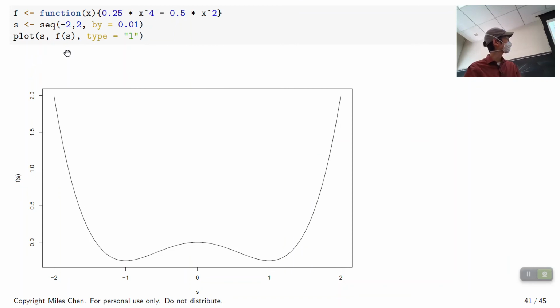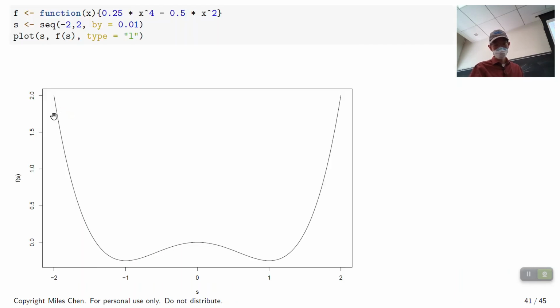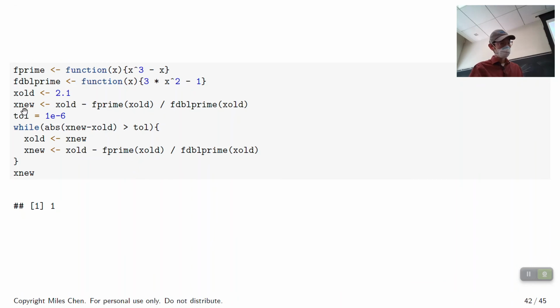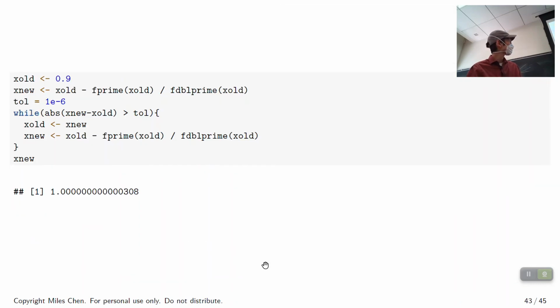And so here's the function, x to the 4th minus 0.5x squared. This is what the function looks like. And if I start at, say, 2.1, it's going to find a critical value at 1. And if we go look here, we can see, oh yeah, 1 corresponds to a local minimum.